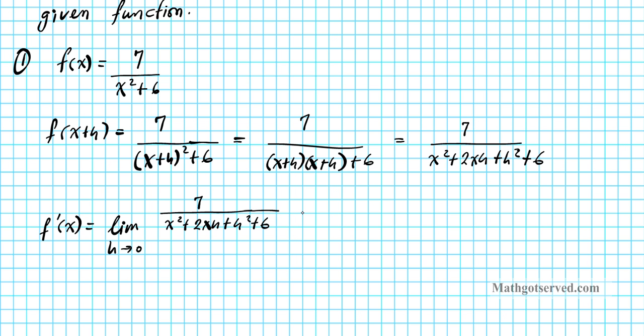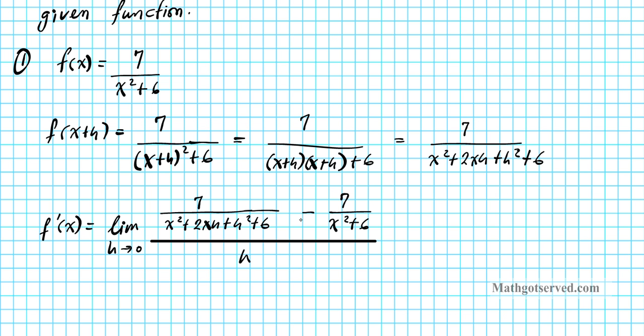So that minus f of x, which is 7 over x squared plus 6. And then these two expressions divided by h, because that's what's in the denominator of the limit definition of a derivative, all right?